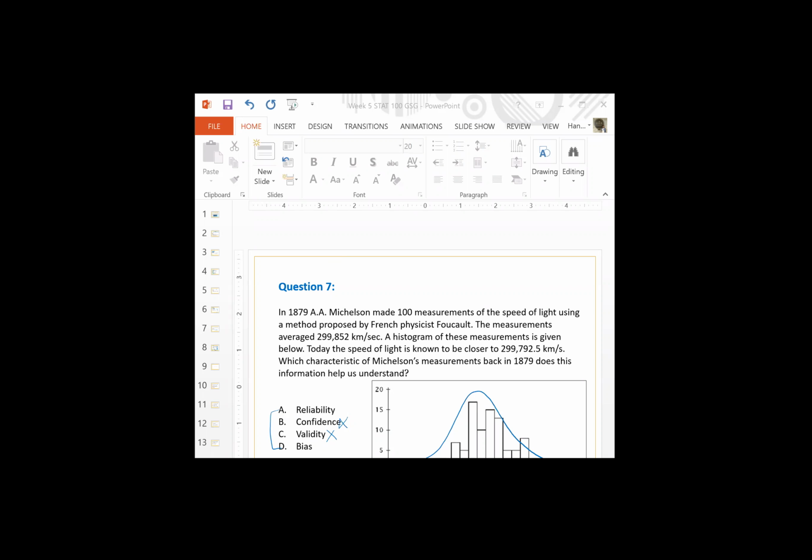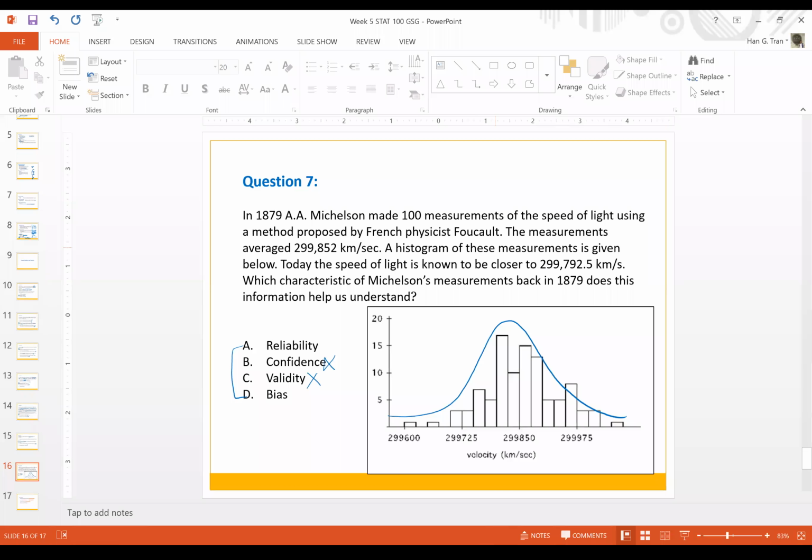Okay, the last question. The thing here is the difference. I think the question should be better phrased as: what characteristic of Michelson's measurement can define this difference?